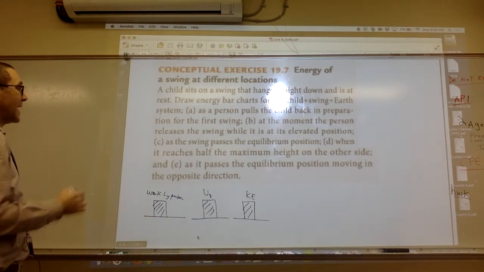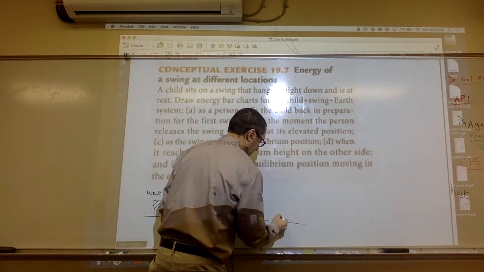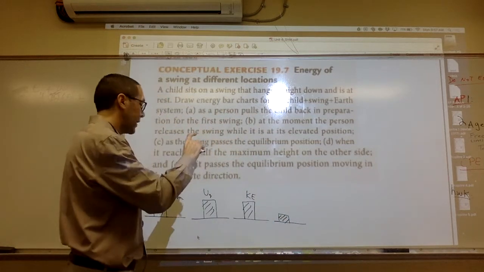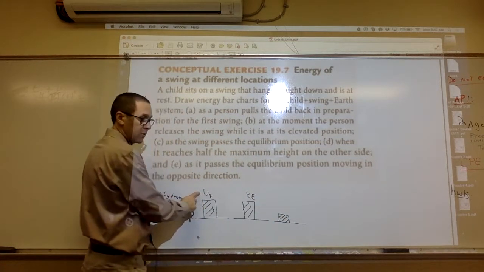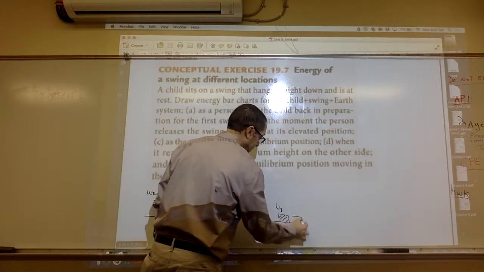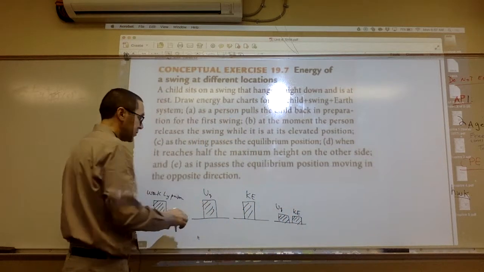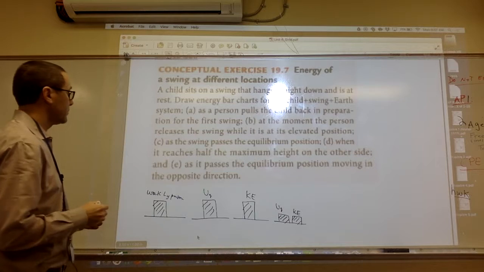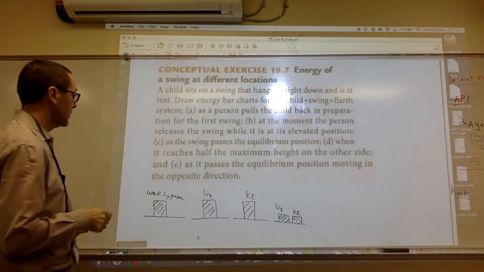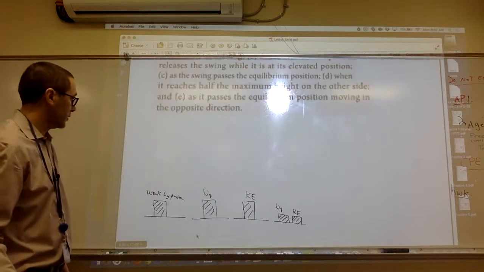When it reaches half the maximum height, you have half of the gravitational potential energy you had here, and the other half should be kinetic energy. So those two together add up to the total energy. And then as it passes the equilibrium position moving in the opposite direction, that should be exactly like C. So it's all kinetic energy.